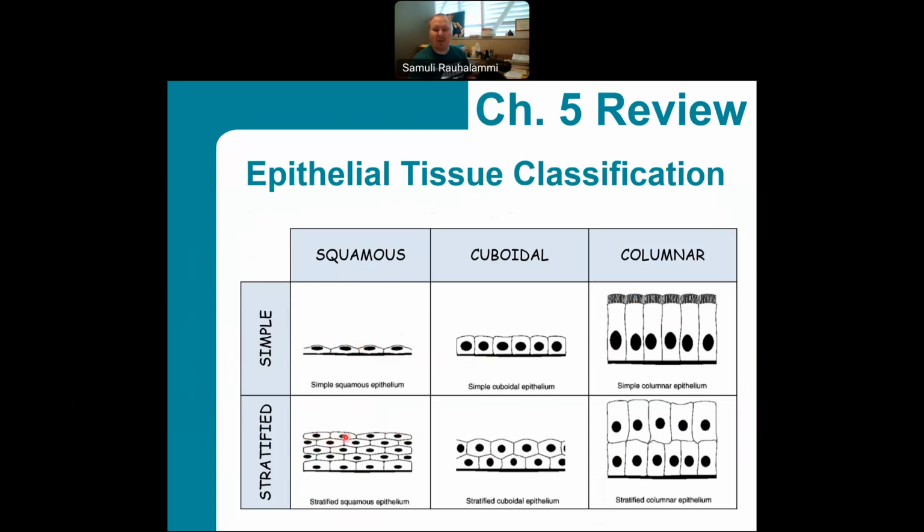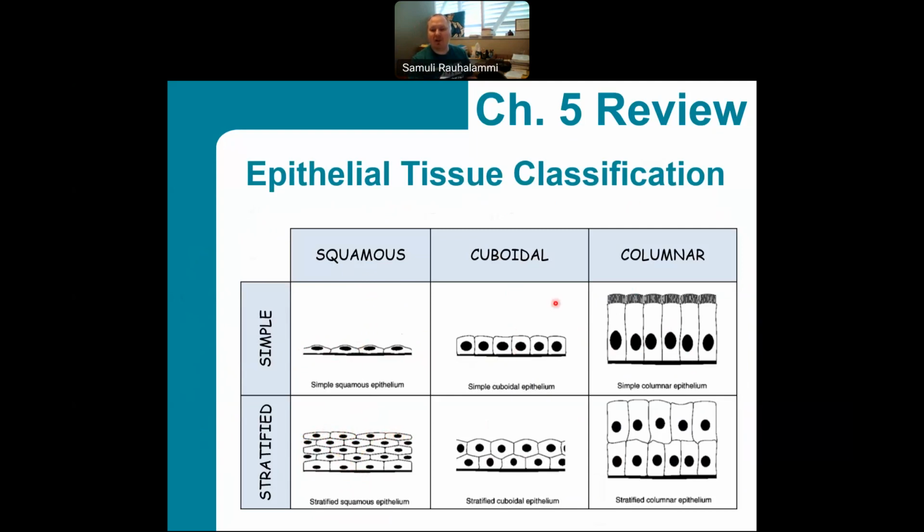So again, we're putting together the shape and the number of cell layers. When we're naming these multi-layered, stratified epithelial tissues, we're looking at the outermost free membrane layer of cells and their shape when we're doing that definition.